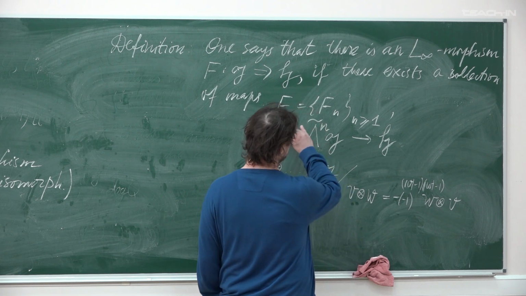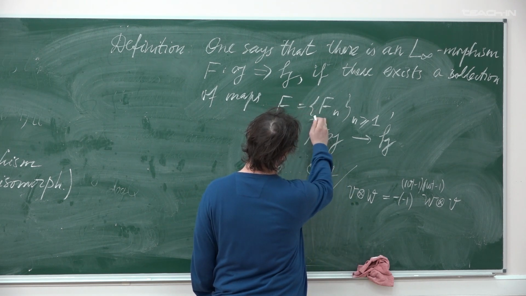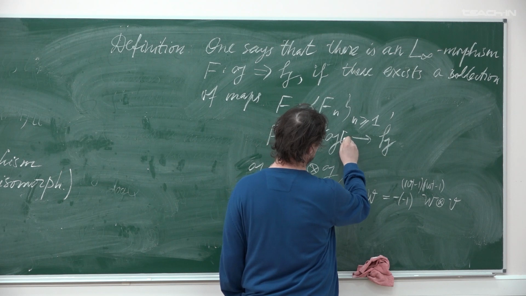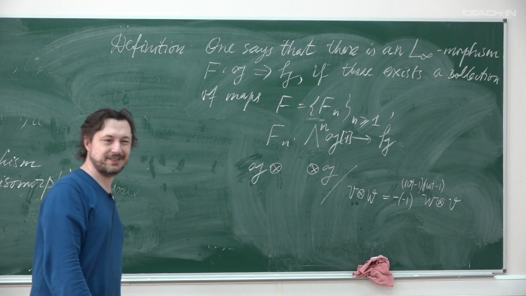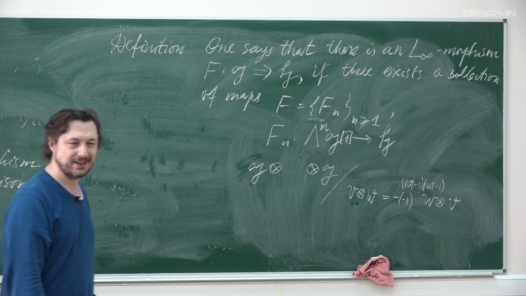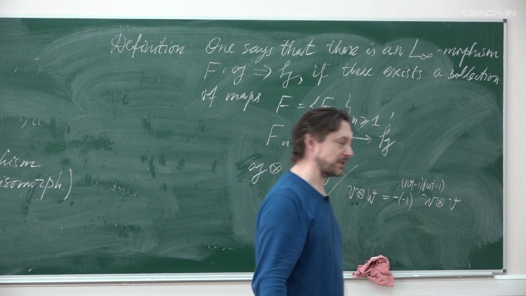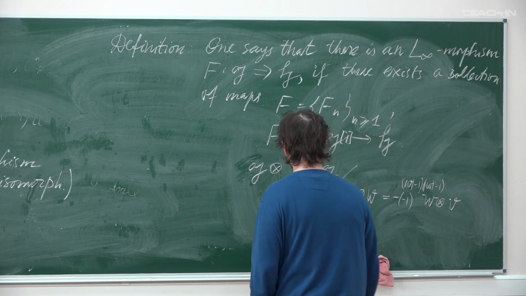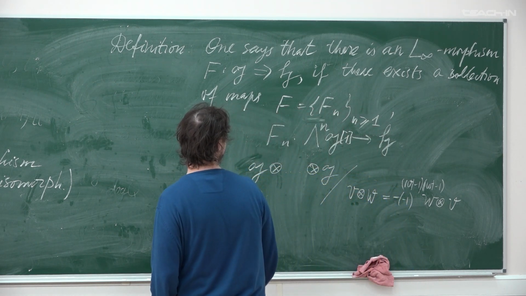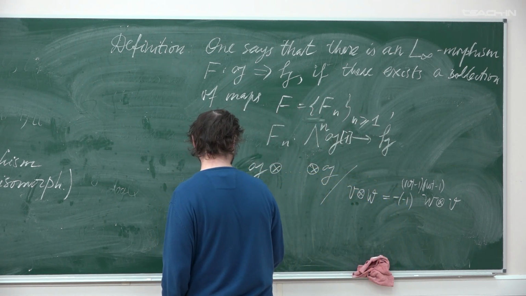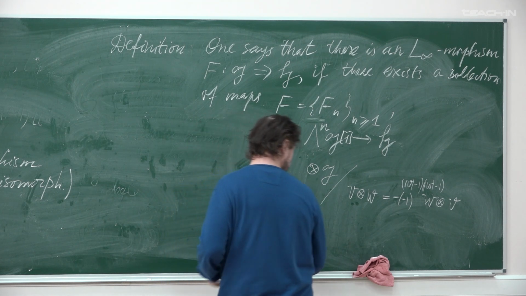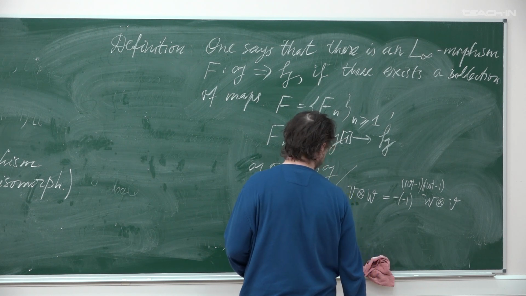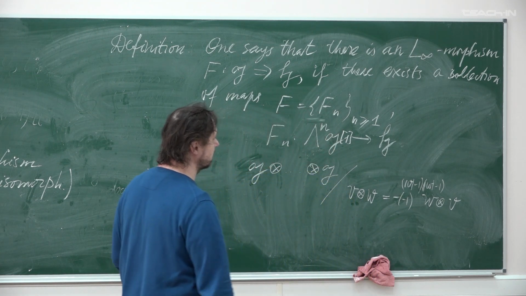Then it will be the usual shift, the usual wedge product. So without this shift we get this grading, but if we shift it we will get the usual wedge.